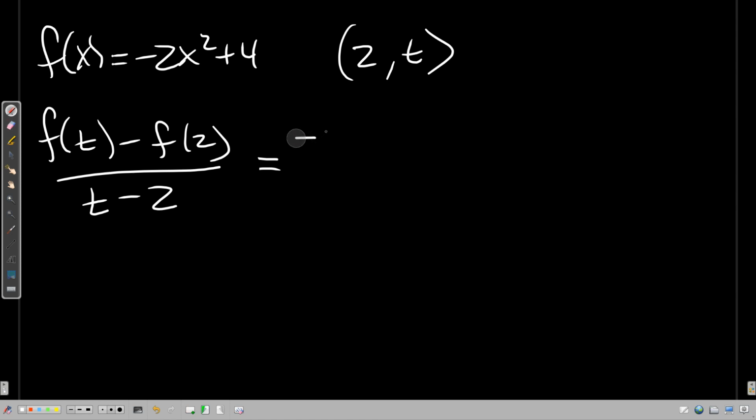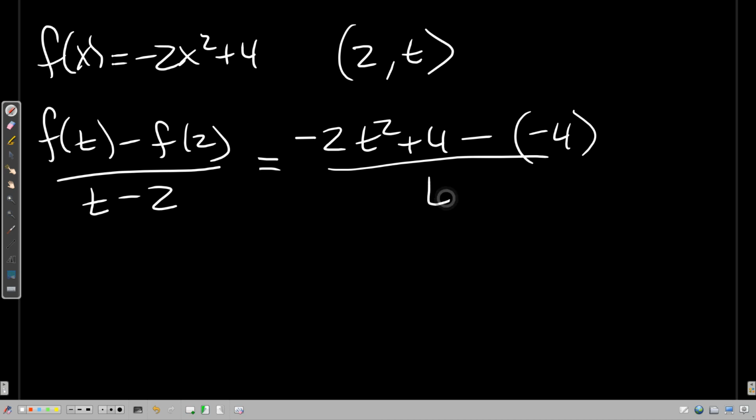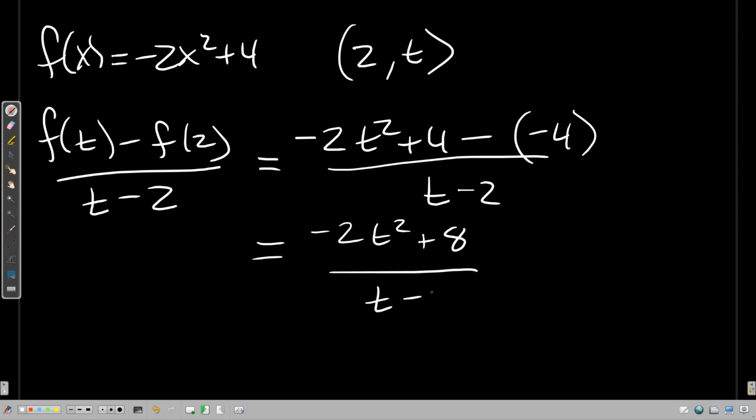And f of t here is a minus 2t squared plus 4, and then minus f of 2. f of 2 is going to be negative 8 plus 4, so that's minus 4. And then it's all over t minus 2. All right. So this is going to be a minus 2t squared plus 8 over t minus 2.